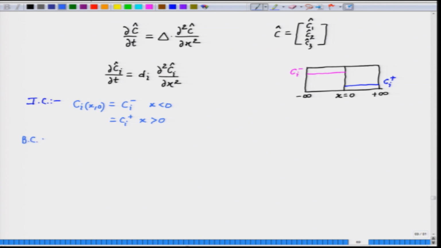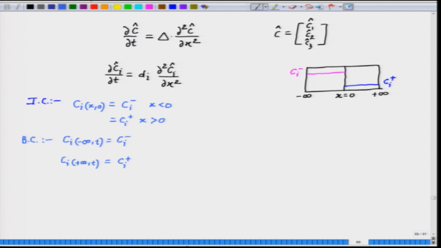What is the boundary condition? Ci at minus infinity at any time t should be the original concentration, that is Ci minus, and Ci at plus infinity at any time t should be Ci plus.